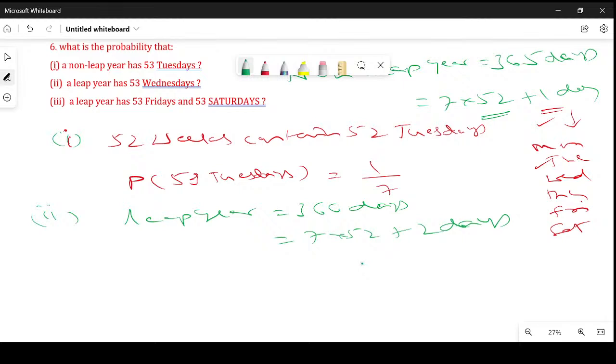That means we know that here we already have 52 weeks plus 2 days. 52 weeks contain 52 Wednesdays.